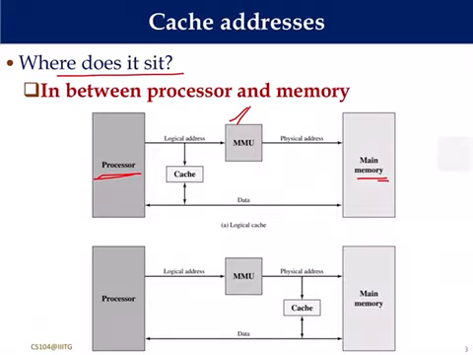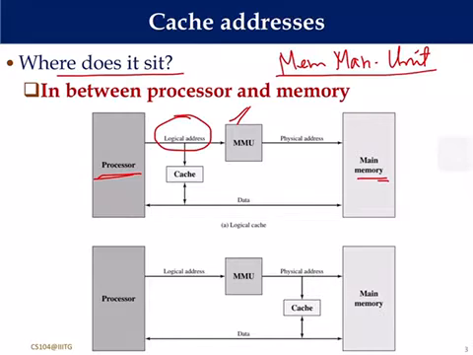So the full form is Memory Management Unit, right? Just to give you some idea regarding that, you can see the processor is using something called a logical address, right?